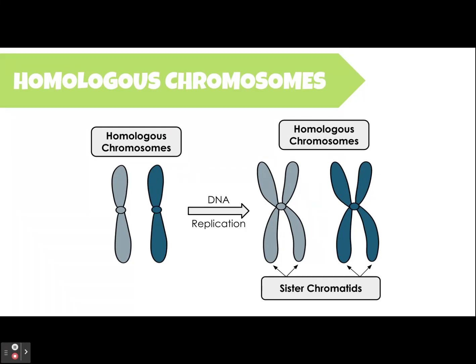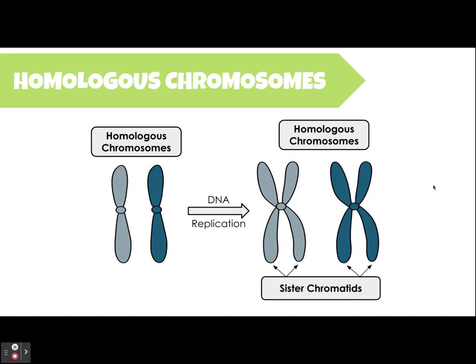I want to clarify, this bit is a little confusing, that you have two homologous chromosomes. They're in a pair. After DNA replication, this single chromosome has now two sets of chromatids that are connected together. So this is still one single chromosome, but it has two chromatids.